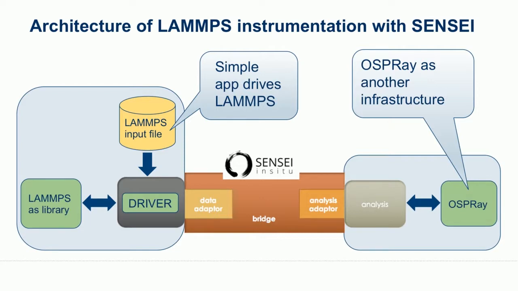We're going to use callbacks that LAMMPS provides. Our callbacks will trigger the updates of the SENSEI analysis adapter. On the back end, we've got a custom analysis adapter for Ospray that was written just for this demo.